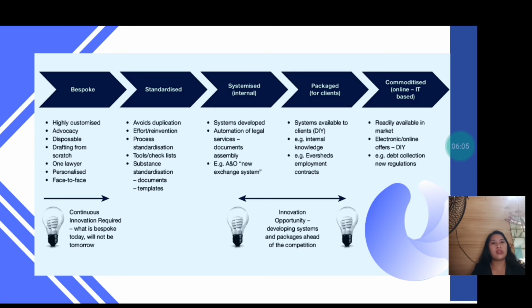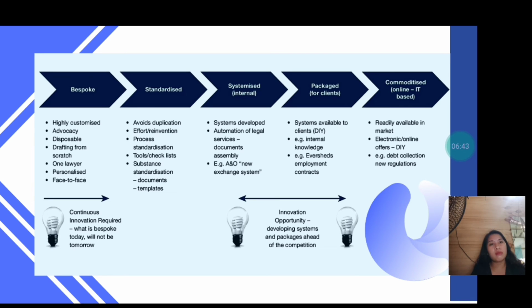So bespoke is highly customized, advocacy, disposable, drafting from scratch, one lawyer, personalized, face-to-face, to standardize, avoids duplication. So you should avoid duplication and effort: process standardization, tools, checklists, substance standardization, so the documents and the templates. Next is systematize.